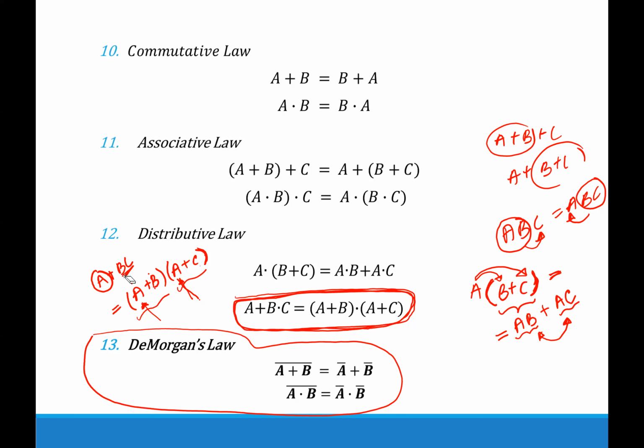And in De Morgan's law, in the first case, you can see here we have the complement of A plus B. We have the complement for A plus B.